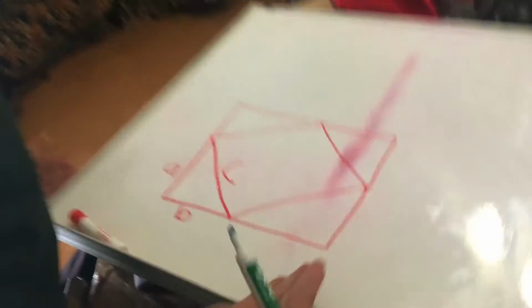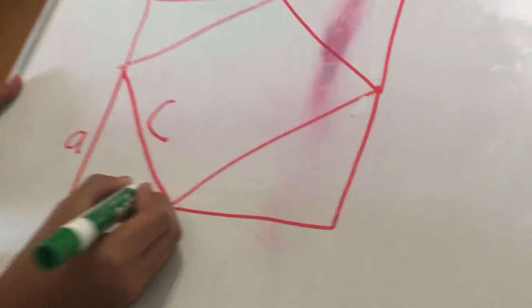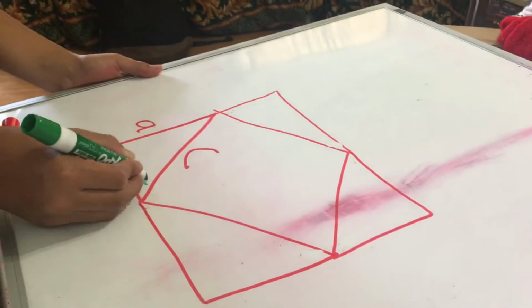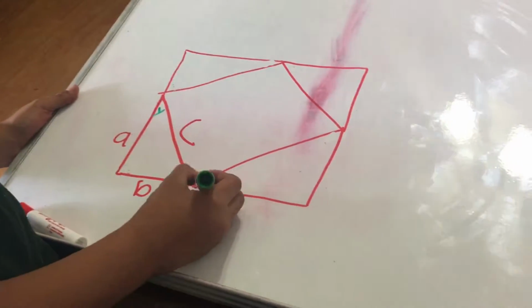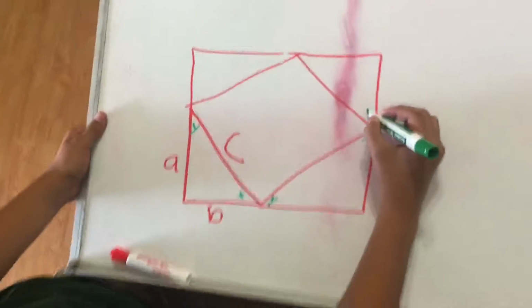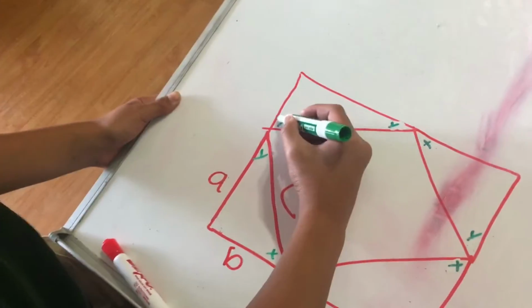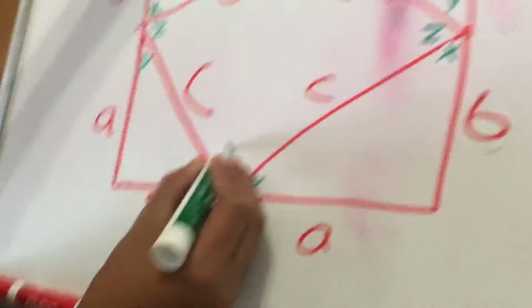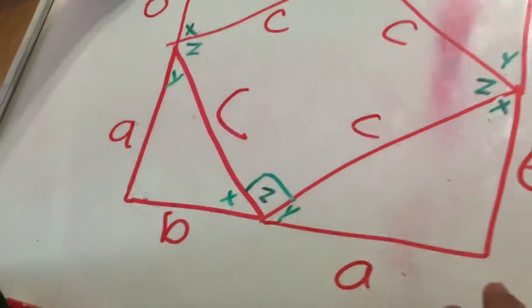Now that we have our square base here, going to label our angles here, x to y. And these are the same triangles. There's a 90-degree angle because this is a quadrilateral.